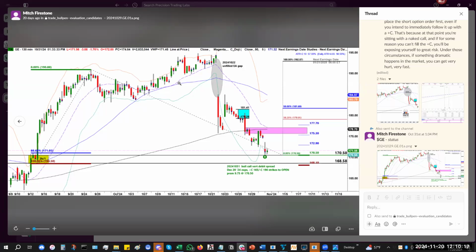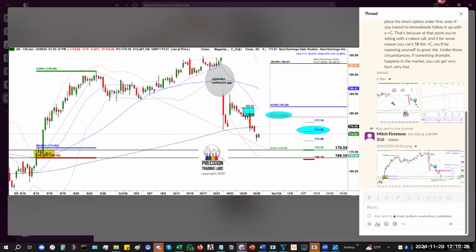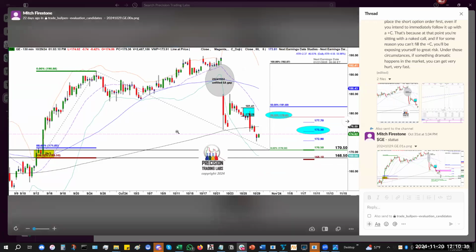And so when I was looking at this, we had posted it a couple of days before that. This is where we were waiting for price to return to that region in order to then wait for the trade to come to us. So right here, this is what we were looking at in terms of waiting for the trade. That was on October 29th, a couple of days before Halloween.